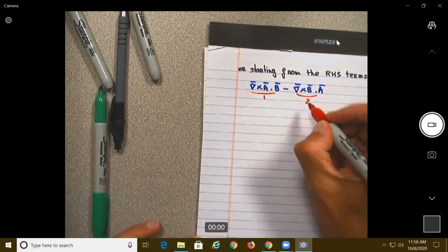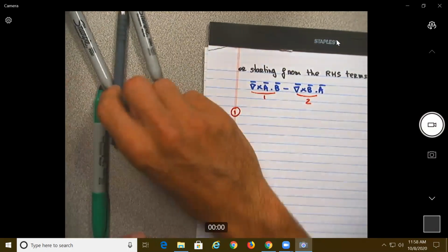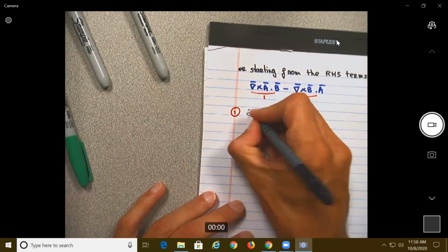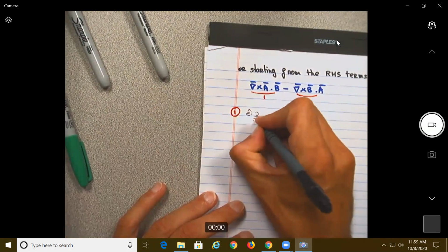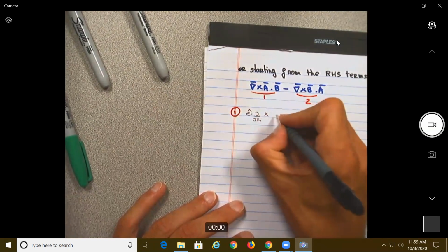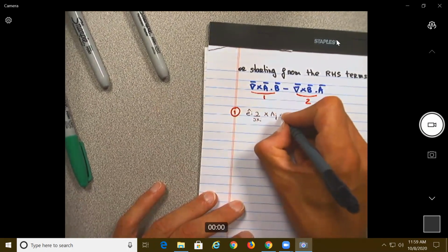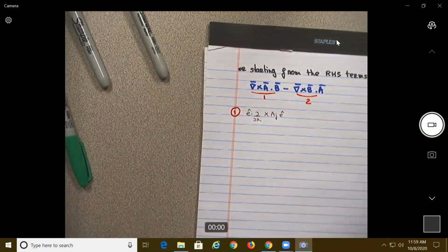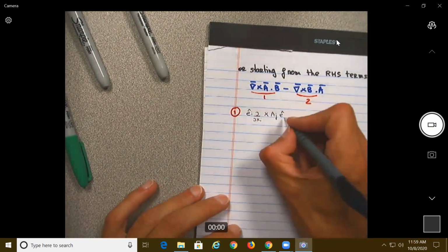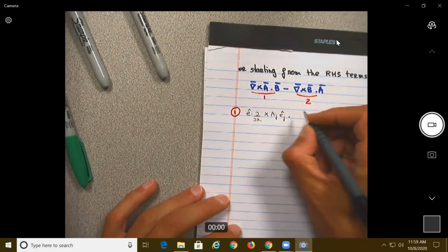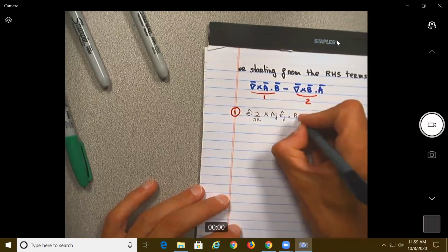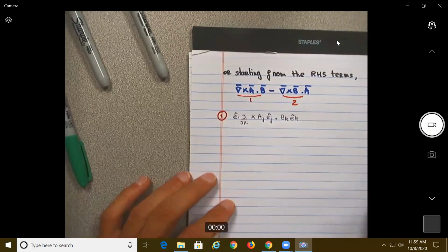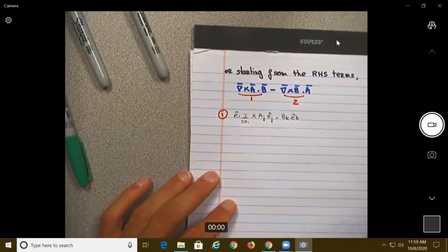Terms 1 and 2. So for term 1, you wrote this as, correct me, e_i partial x_i cross A_j, well, dot. It's dot. Oh, no, you're right, sorry. A_j, and now here you use dot of B_k e_k, okay? So first you need to do the cross product, no?